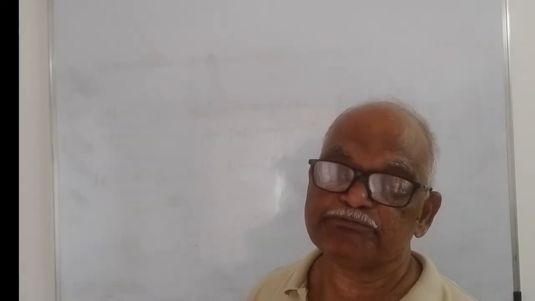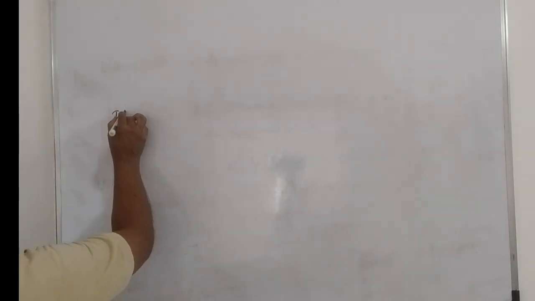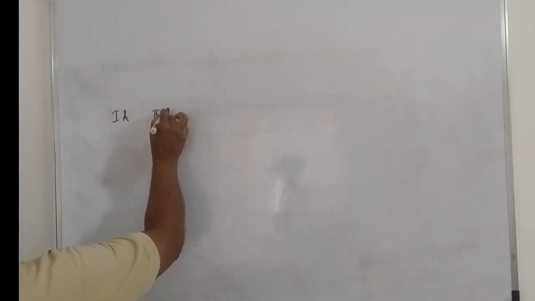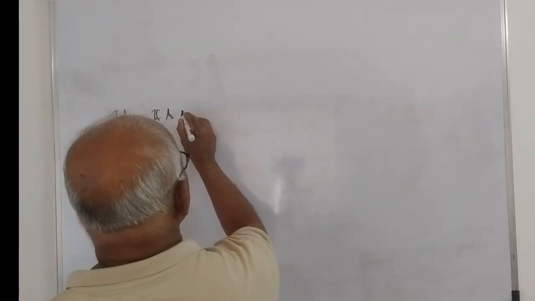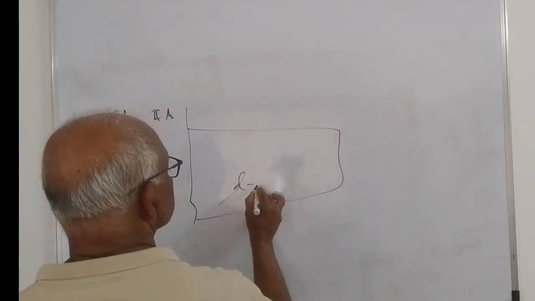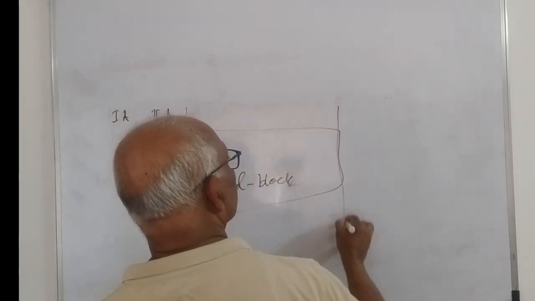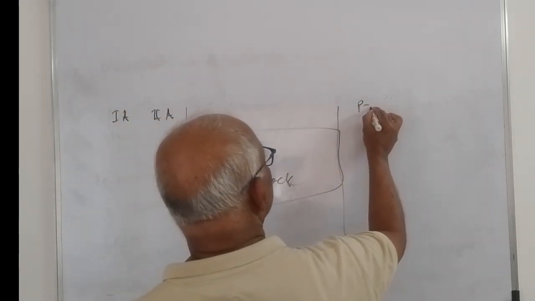Now if we see the periodic table, on the left side there is first A group, second A group, then there is the D block of metals, and after crossing the D block there is the P block.